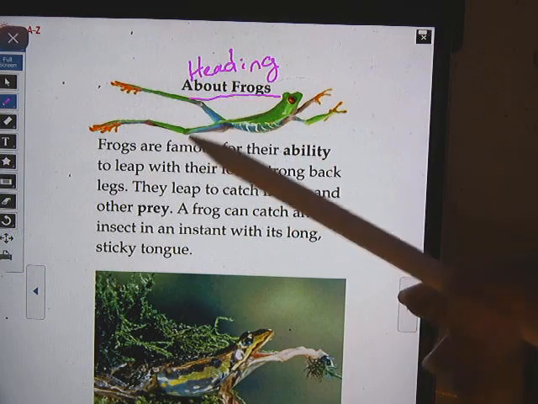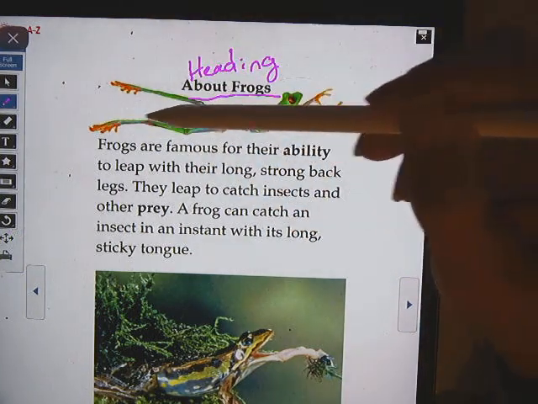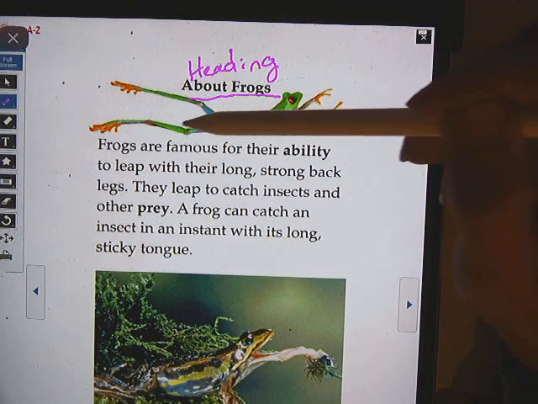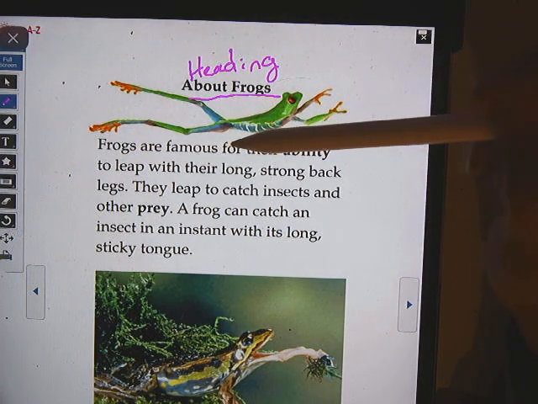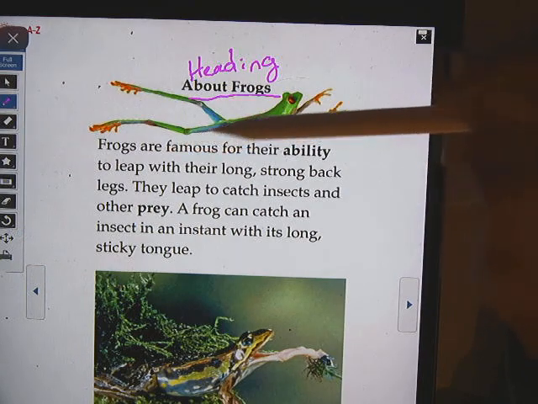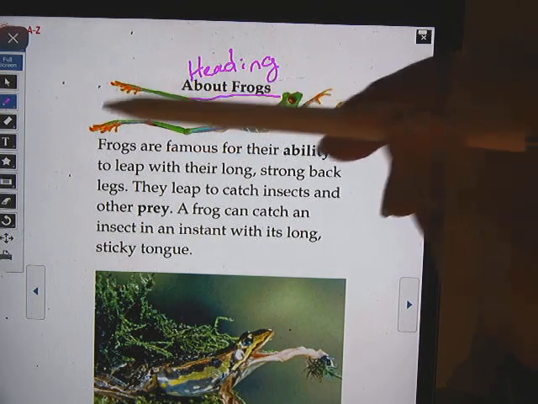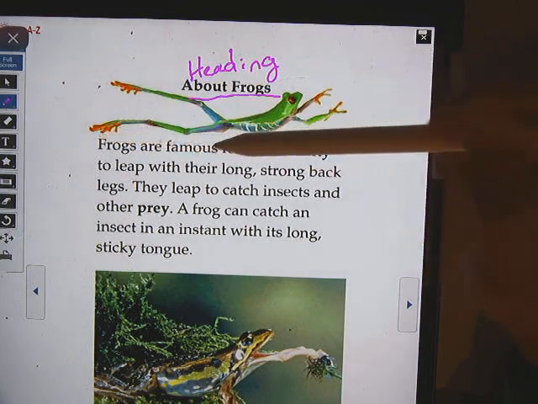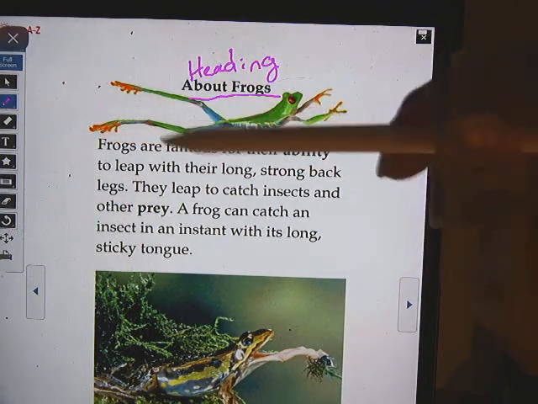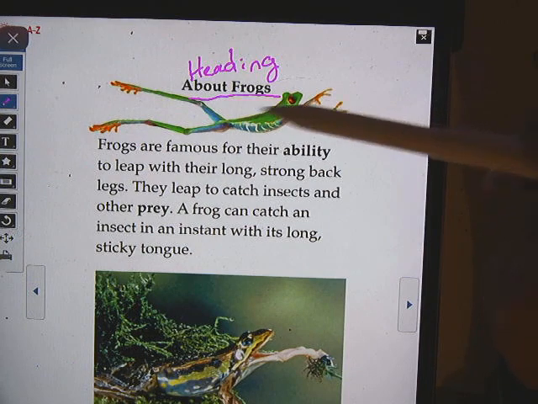So as we can see here, we're talking about leaping, okay? They're not flying, but it almost looks like their whole body is jumping, almost like it's flying, but it's not quite flying. It uses its back legs to propel itself forward into the air.